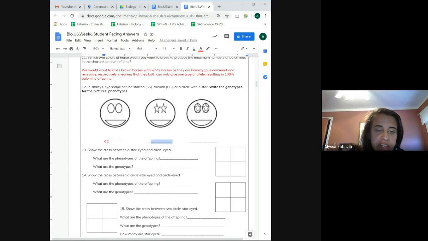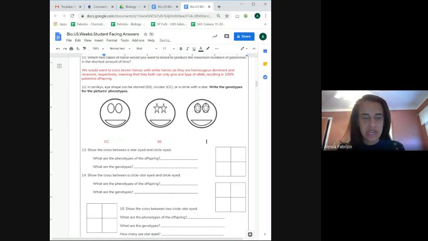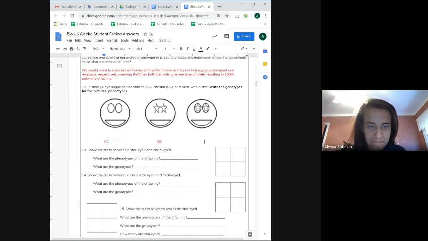When we have a starred guy, we have two S's. And then when we have a circle and a star, we would have both alleles being expressed, so we'd have SC.